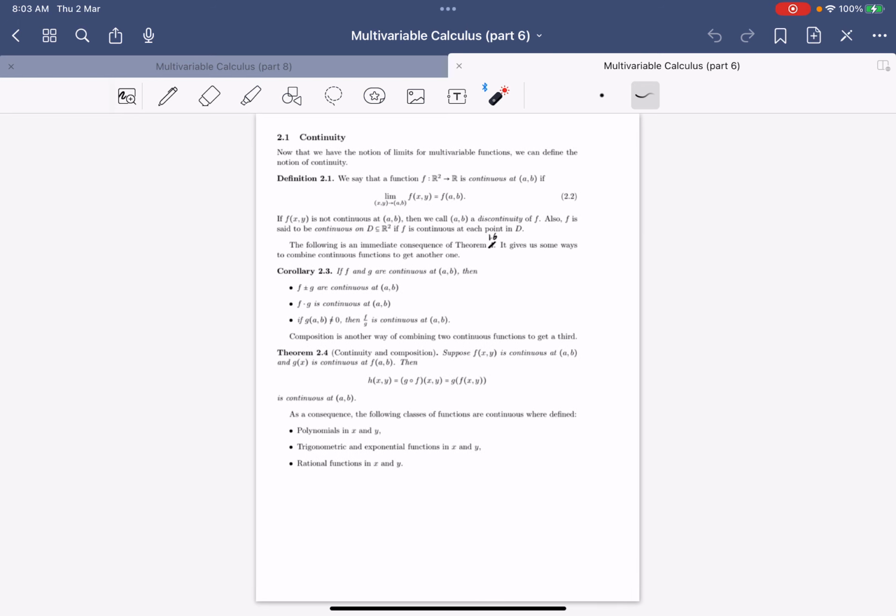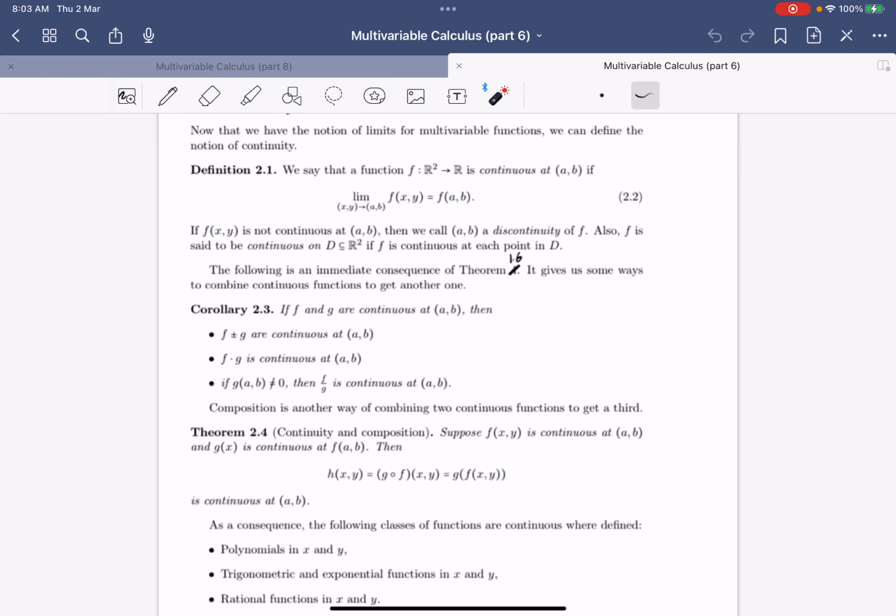And lastly, the notion of continuity is just that the limiting value of f as (x,y) approaches (a,b) is f(a,b). And you get the same ideas as in your one variable case, where two continuous functions added together is still continuous, the product is still continuous, as well as the quotient.